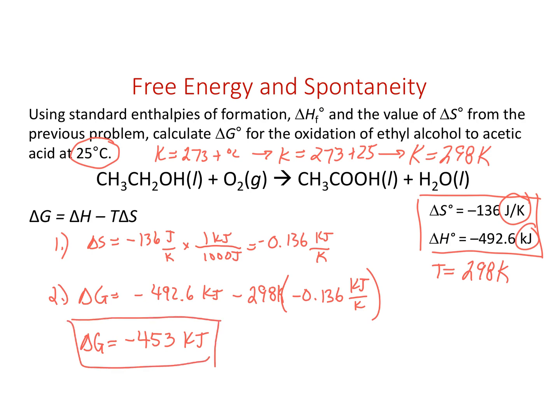So yes, this is a spontaneous reaction. Even though I have a negative entropy, I have a decrease in entropy, that's offset by the large exothermic nature of this reaction.